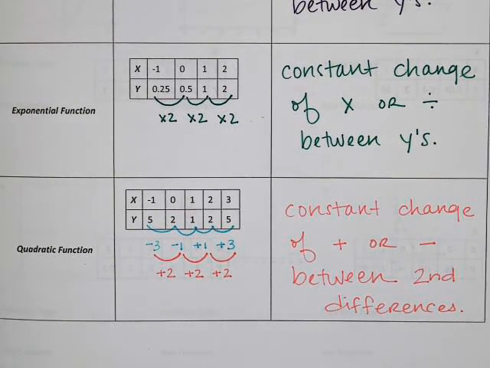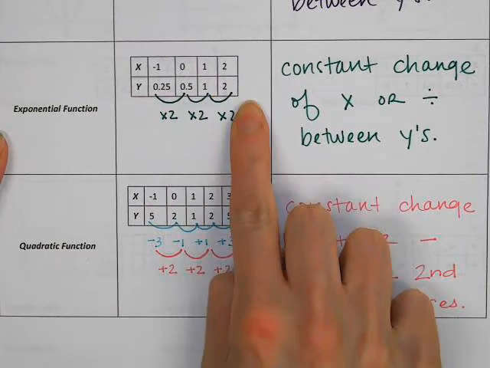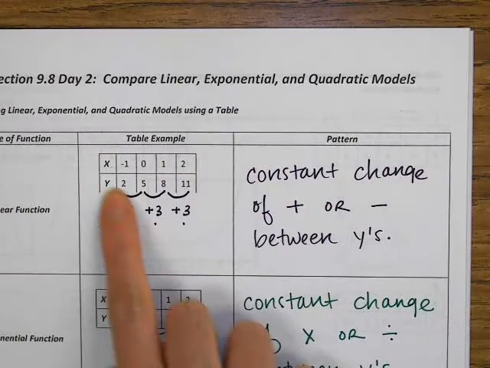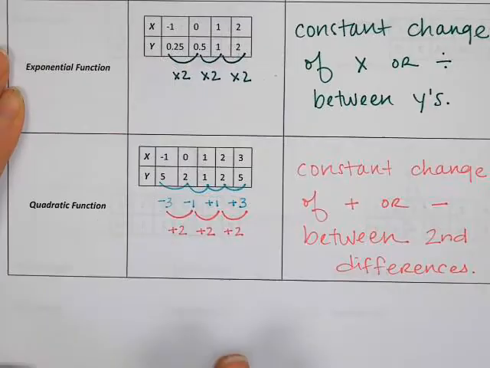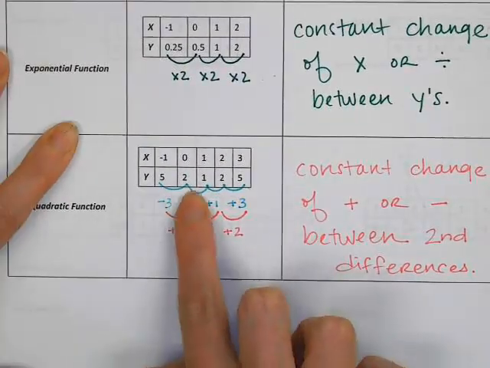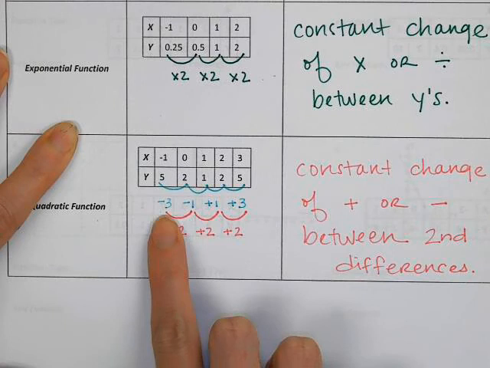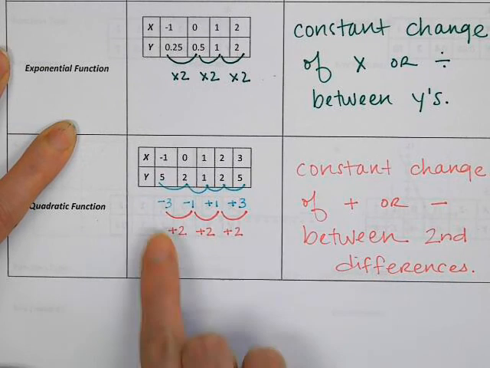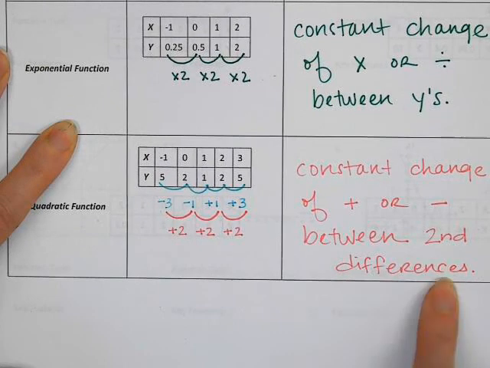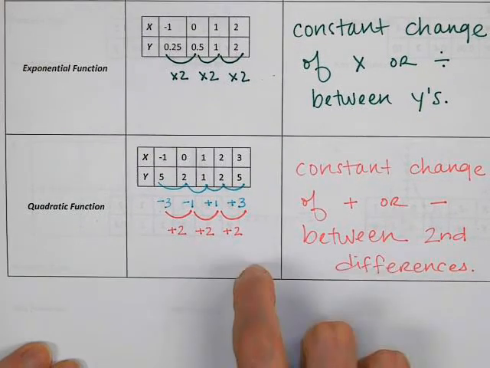All right, so exponential is multiply or divide. Linear is add or subtract on the first set of y's. Quadratic is when you do the first set and then the second set is constant. Okay, so if it doesn't work for the first set and you check the second differences and those are constant, then it's quadratic.